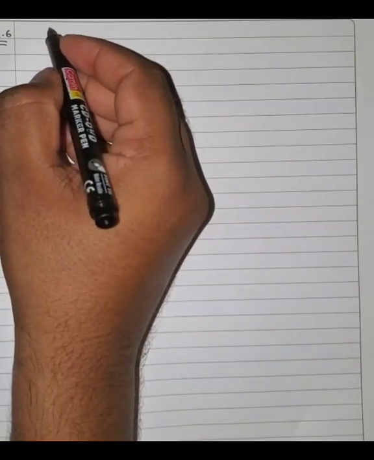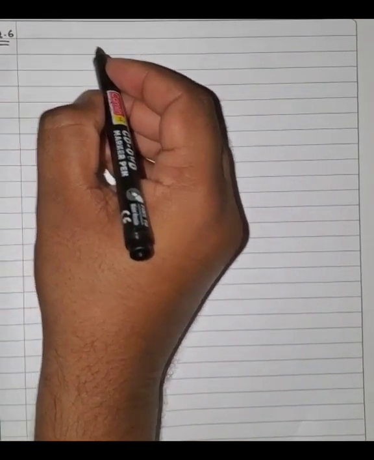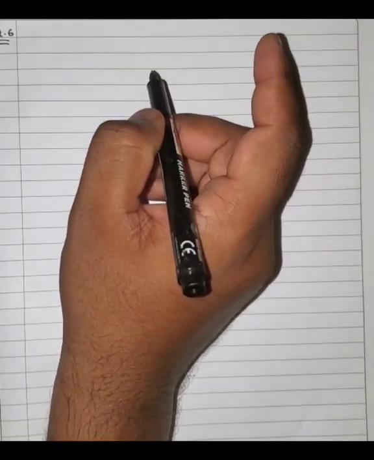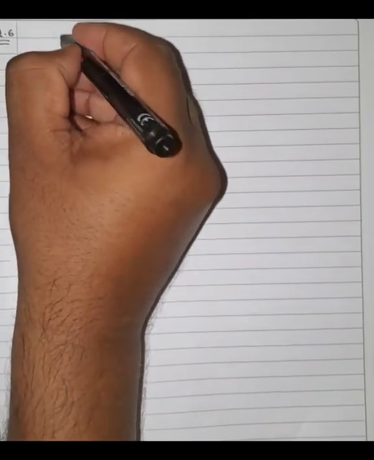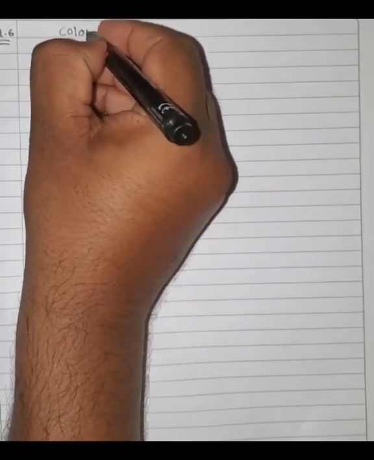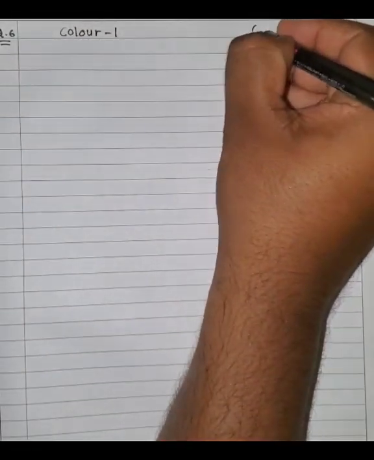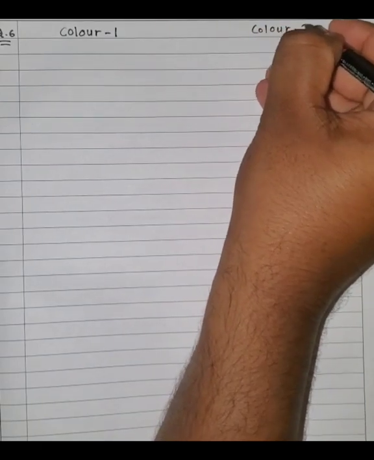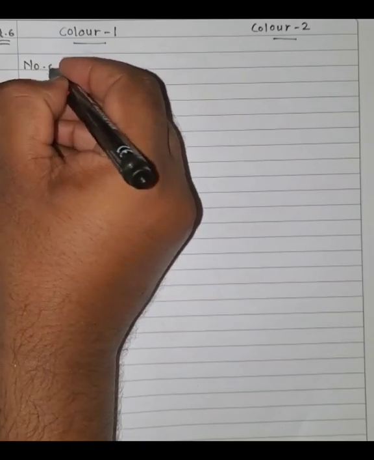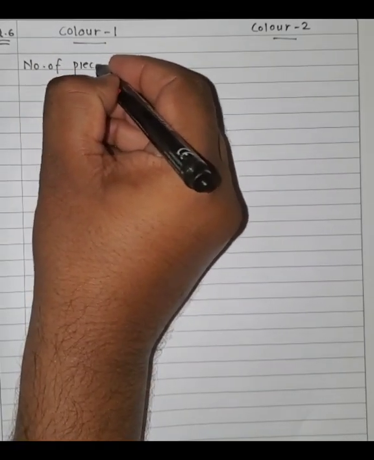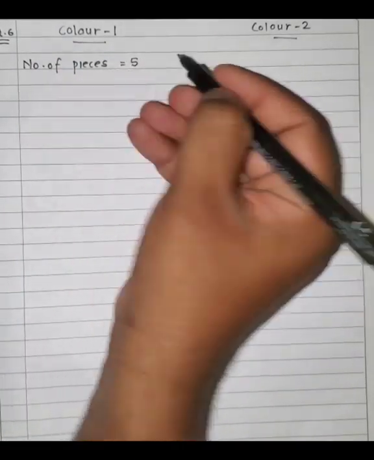So, students, as we discussed in the question, the umbrella has got 10 triangular pieces, 5 of each color. So, there are 2 colors in total, say color 1 and color 2. And we have 5 pieces of color 1.